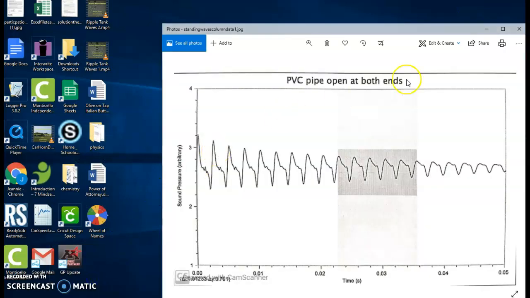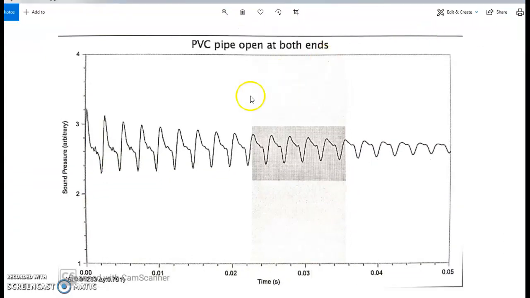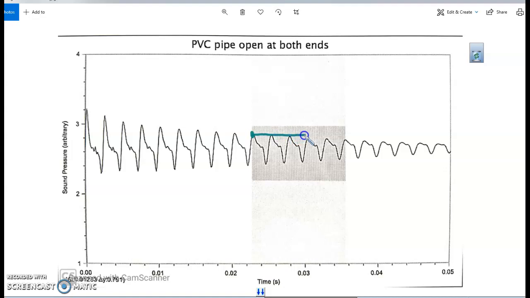All right, so the first thing we're going to look at is this data that has come about for the pipe open at both ends. And the data that you need here, we're going to take one crest here. We're going to go 1, 2, 3, 4, 5. So we tap and drag, you know how that goes.